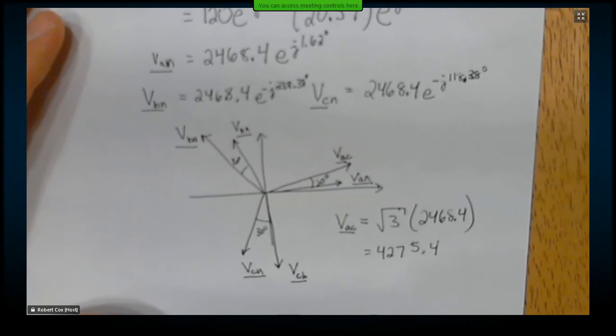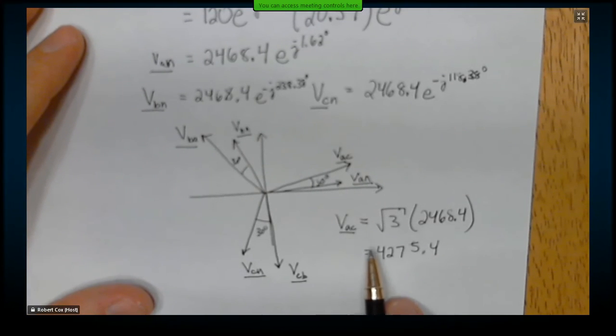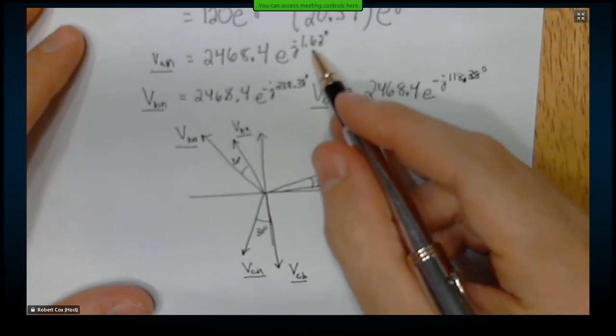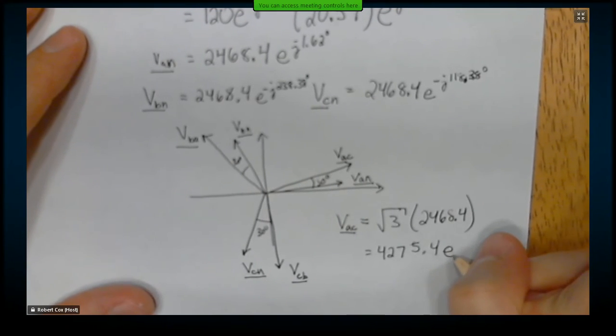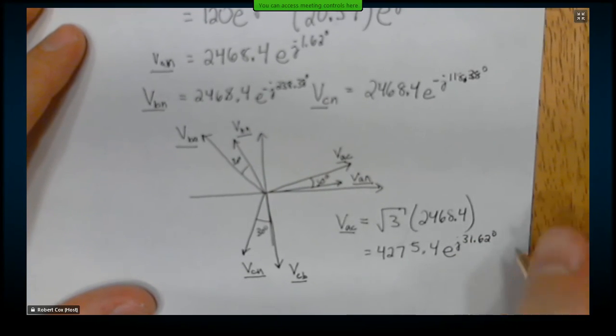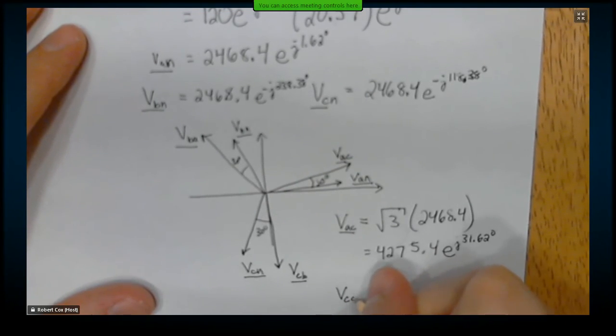Now, what's the angle that I get for that? For VAC, the angle is going to be 30 degrees ahead of this one. So 30 degrees plus 1.62, so 31.62 degrees. Now, what they actually asked me for is VCA.